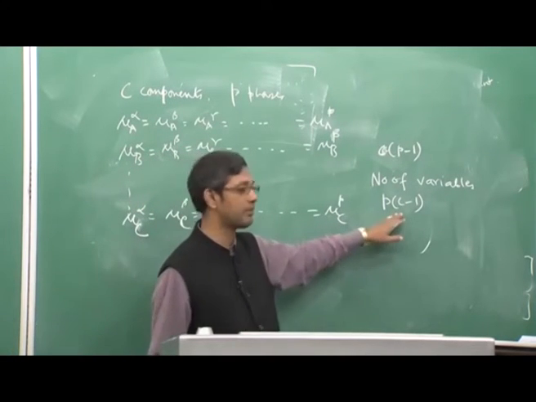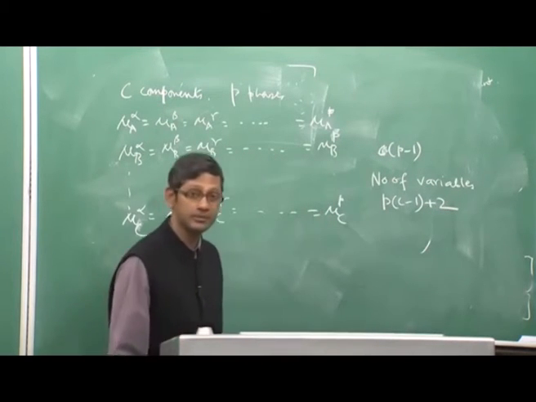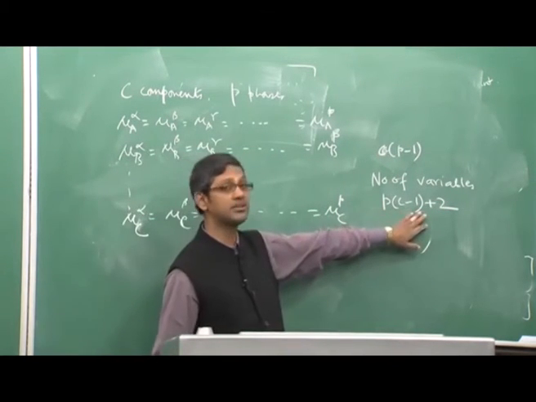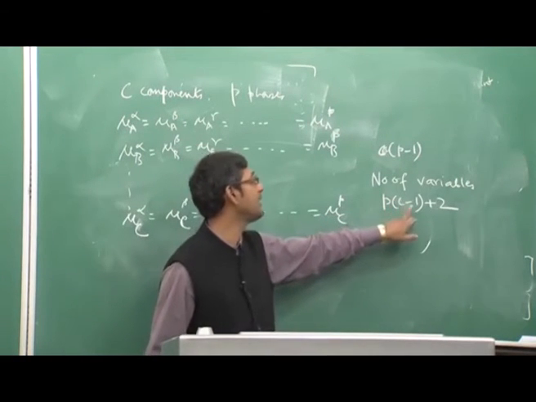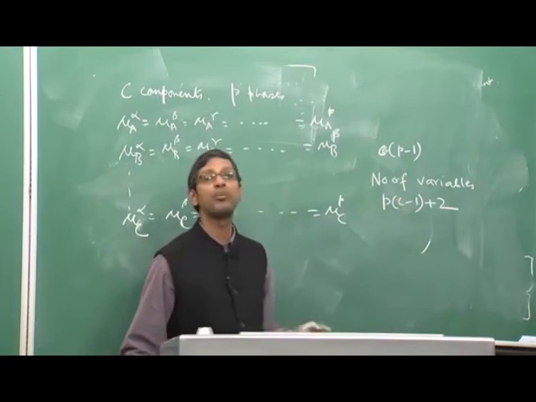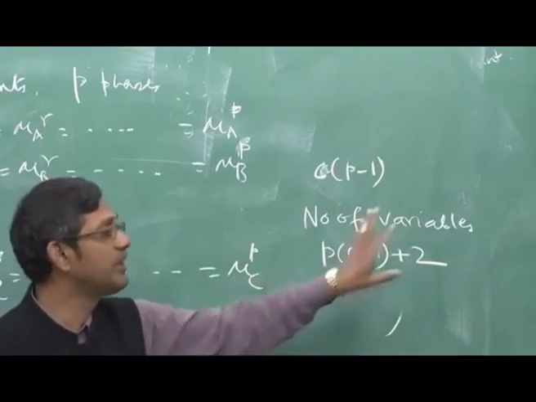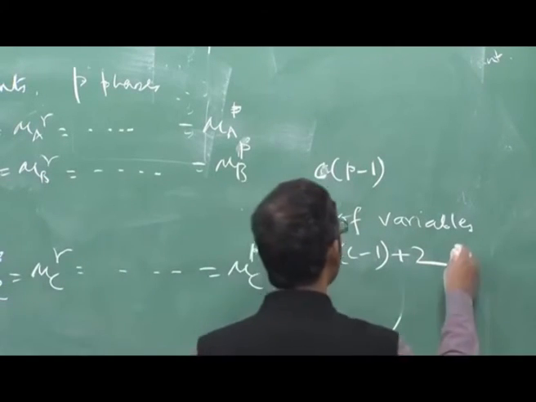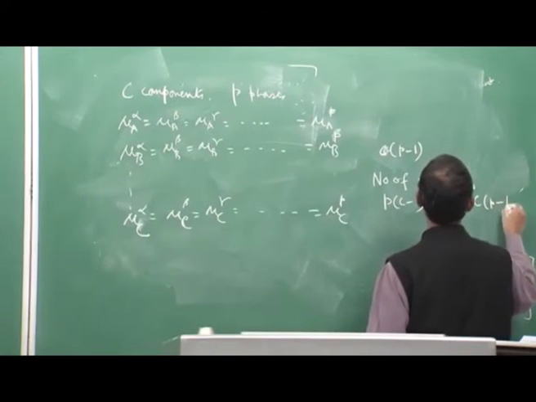These are the composition variables, plus you have temperature and pressure variables. These are the total number of variables. Why? Because P is the number of phases and in each phase there are C components, therefore C minus 1 composition variables, plus temperature and pressure, the two variables. Out of these variables, these ones are fixed by these equations, C into P minus 1.